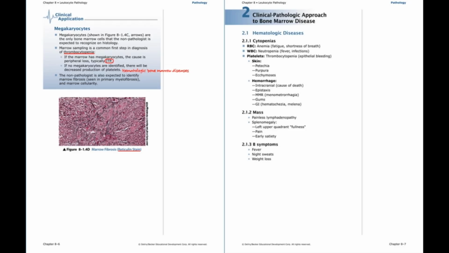But we can see in this picture all of these bands of black fibers, and this would be a good example of early marrow fibrosis. Marrow fibrosis is seen in lots of pathologic processes. It's a significant finding, but from a medical student perspective, we're going to show you the most obvious example, which is the myeloproliferative disease, myelofibrosis.